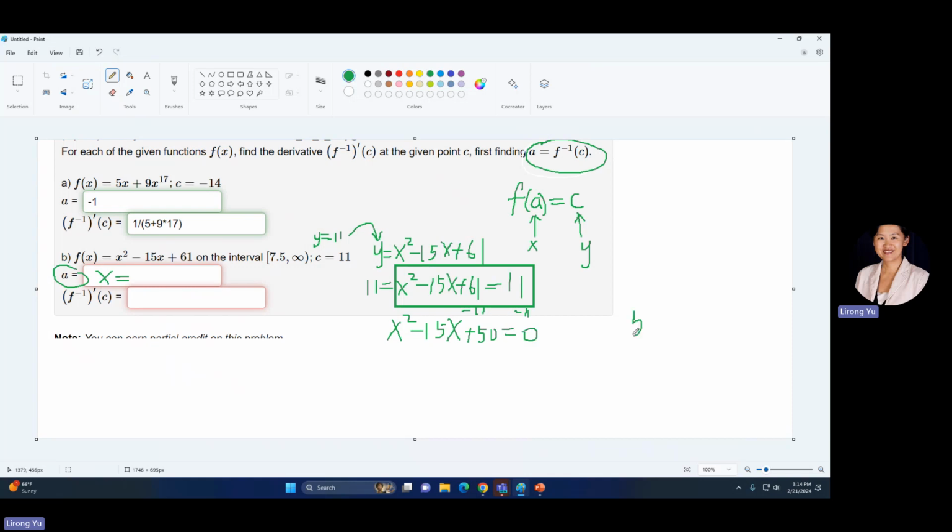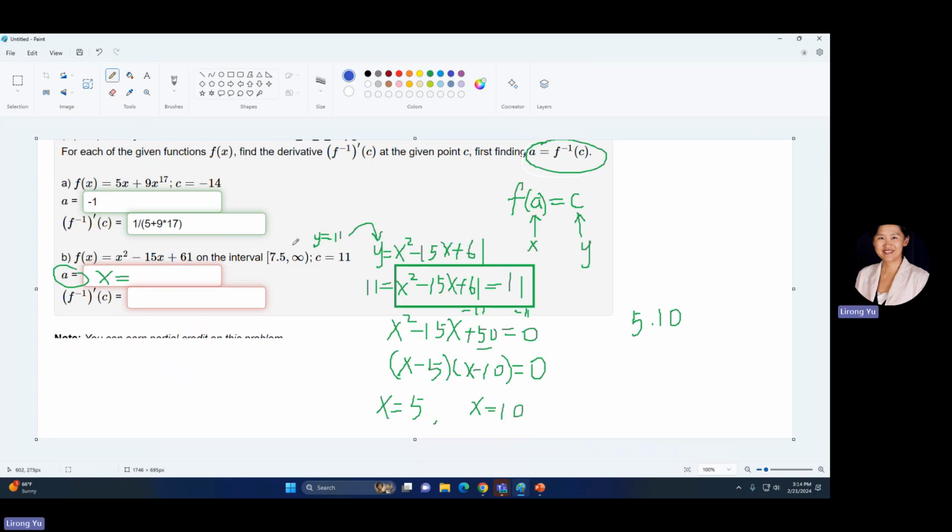Now 50 is 5 times 10, and 5 plus 10 equals 15. So when you add it's 15, when you multiply it's 50. So (x minus 5) times (x minus 10) will be the right factoring, and we have two solutions, x equal to 5 and x equal to 10.